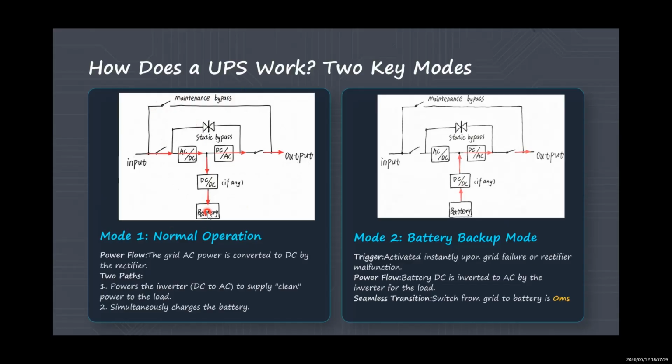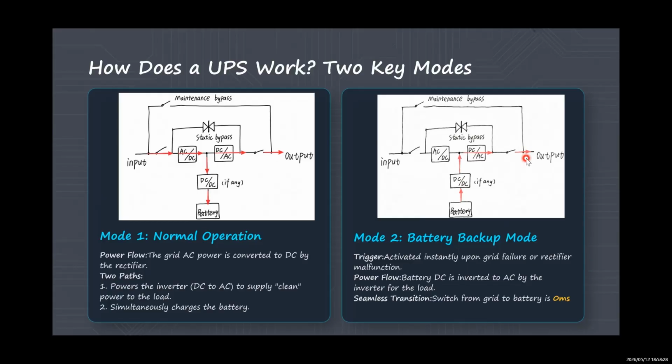When there is a fault in the grid, the UPS will turn to battery backup mode. It will provide power through the DC/DC and DC/AC, and also provide clean power supply to maintain the normal operation of the critical load.